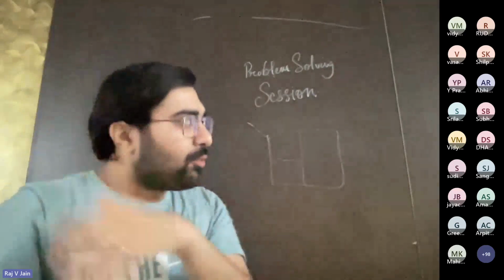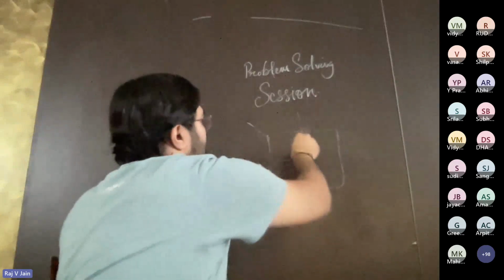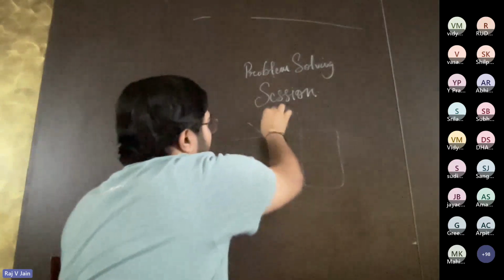Then what you do is you build a very simple count matrix sort of a thing.